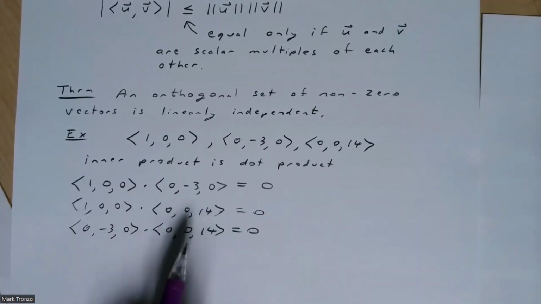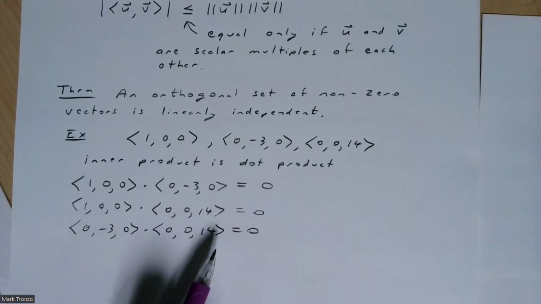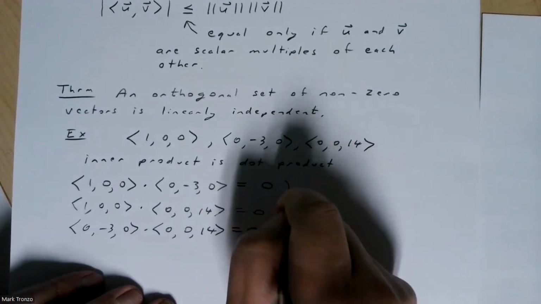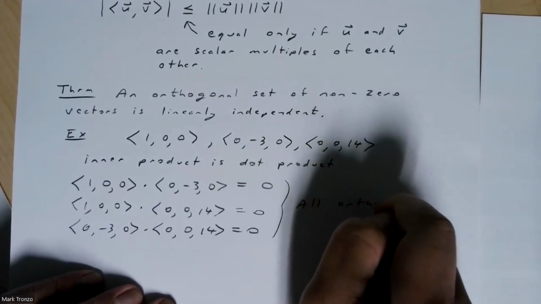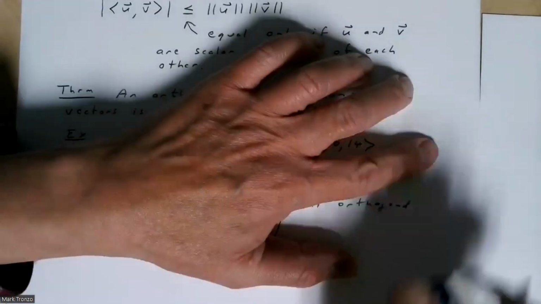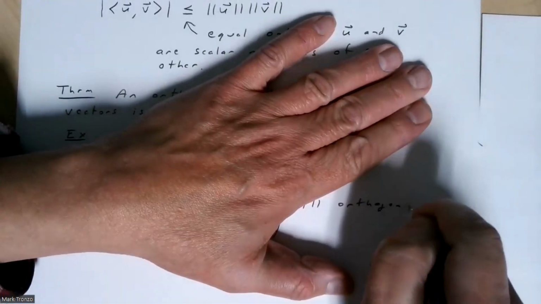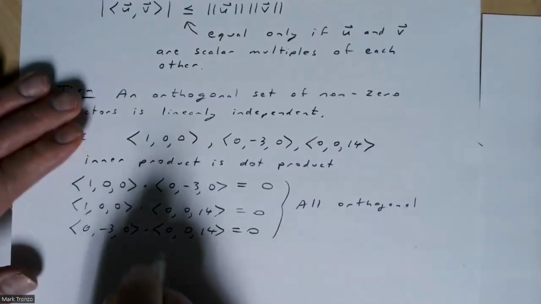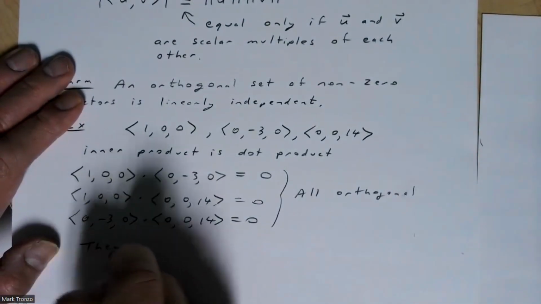So we've taken all the dot products between all the pairs. We always got 0. So they're all orthogonal. Therefore, they are linearly independent.